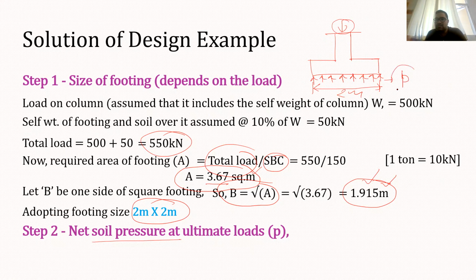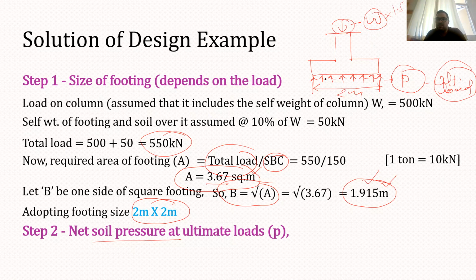So in this case, we calculate the net upward pressure on ultimate load or limit state of collapse. The load which is coming here, say W, will be multiplied with the load factor 1.5.